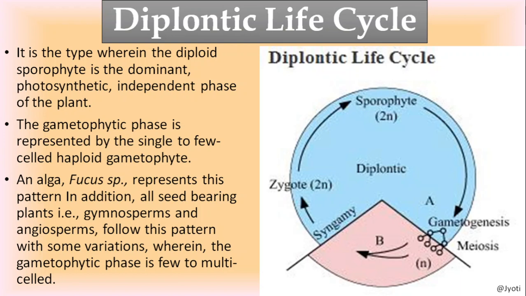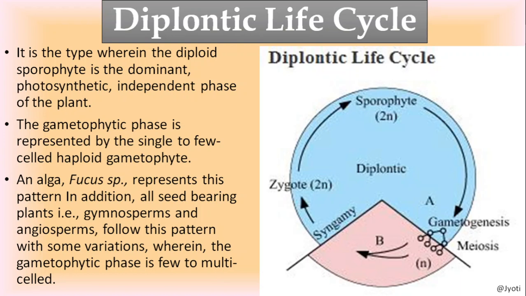In algae, both diplontic and haplontic life cycles are seen, but predominantly the algal life cycle shows haplontic life cycle. But diplontic life cycle is also shown by some of the algae. But the diplontic life cycle is the characteristic feature of gymnosperm and angiosperm.